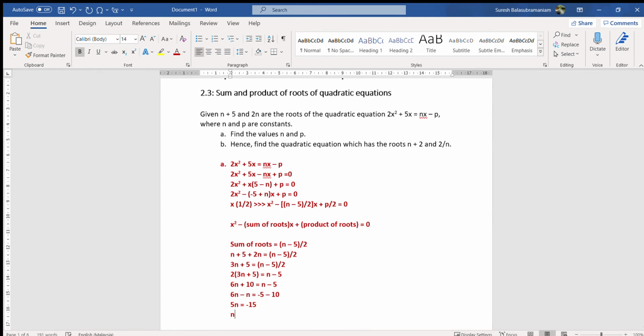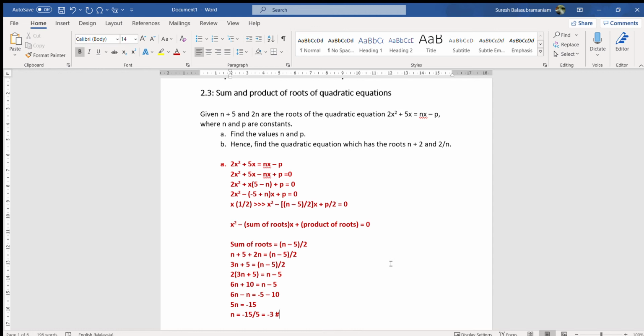So n equals negative 15 over 5. That will be negative 3. That's one of the answers. So we got the value of n.